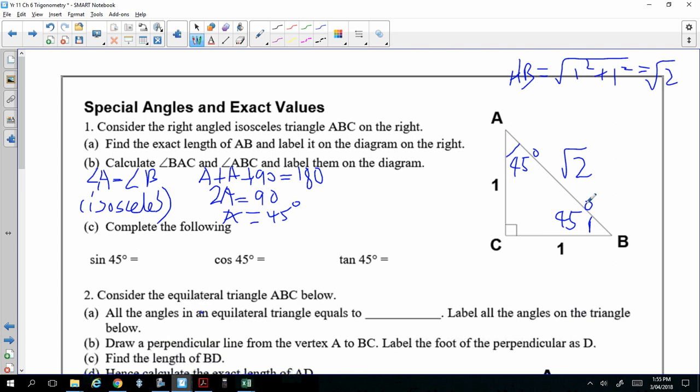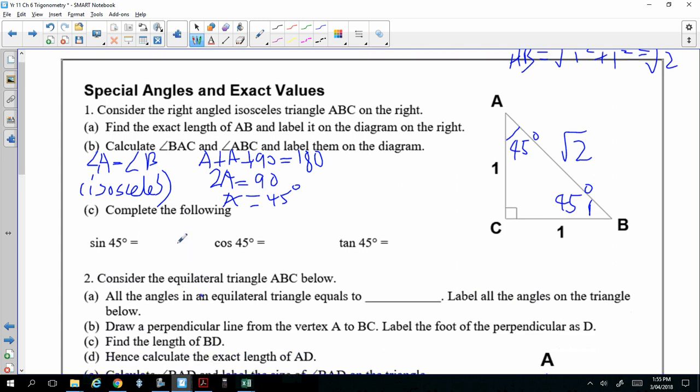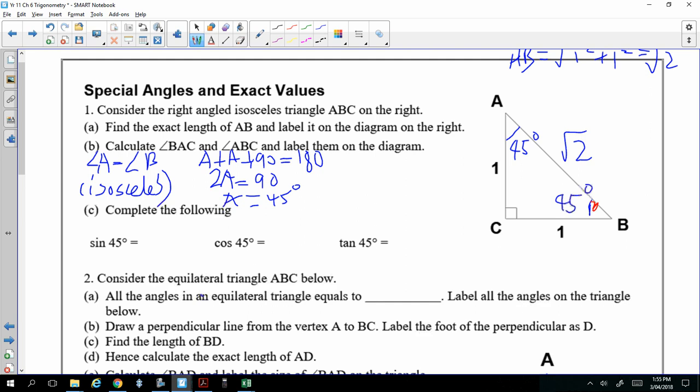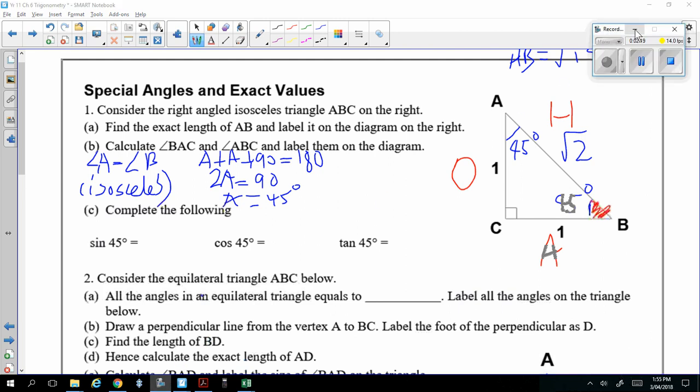After we do this, in this triangle all the angles are known and all the sides are known, so we can work out sine, cos, and tan. The notes are on your table, so we will refer to this angle. That means this is opposite, this is adjacent, this is hypotenuse. Use that to work out the value of sine 45 and the other ratios.